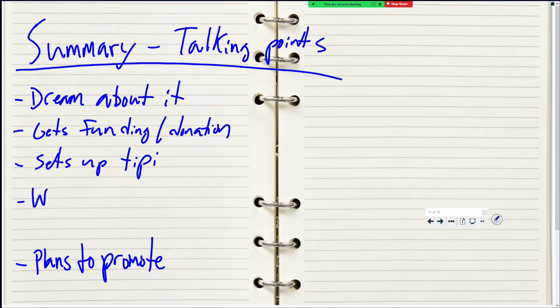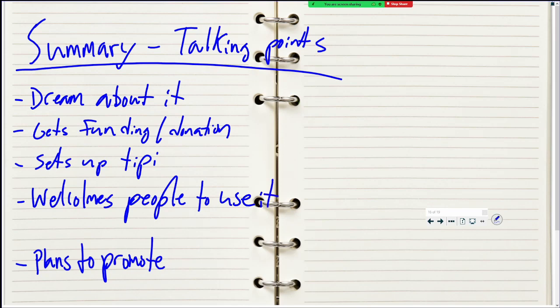She welcomes people to use it. So that's what I would do. Try to get about 5 points that you could bring up, 5 talking points, and then you turn all of them into sentences.